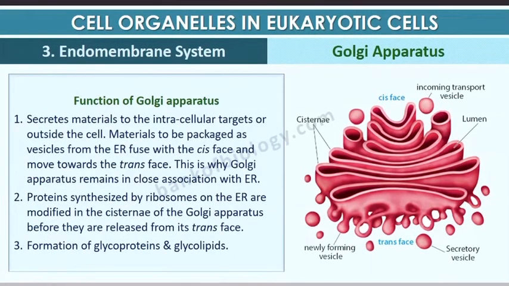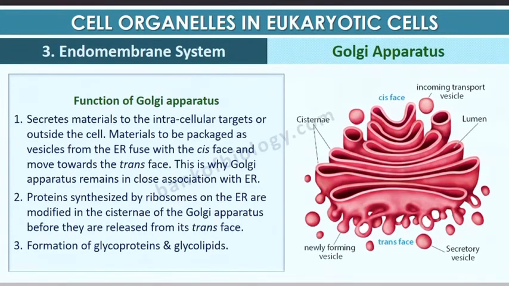What are the functions of the Golgi apparatus? It secretes materials to the intracellular targets or outside the cell. Materials to be packaged as vesicles from the endoplasmic reticulum fuse with the cis phase and move towards the trans phase. This is why the Golgi apparatus remains in close association with the endoplasmic reticulum.